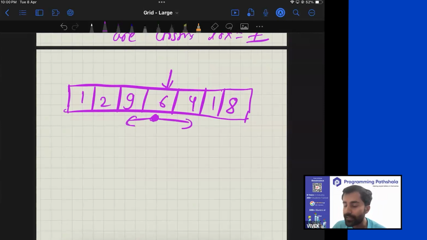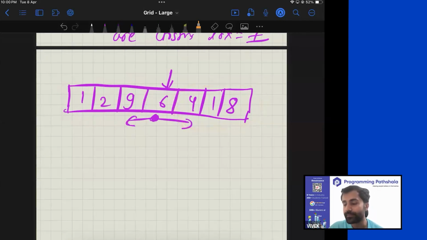So either it would be a subarray which crosses through this element, or it would be a subarray completely contained inside this, or it would be a subarray completely contained inside this.